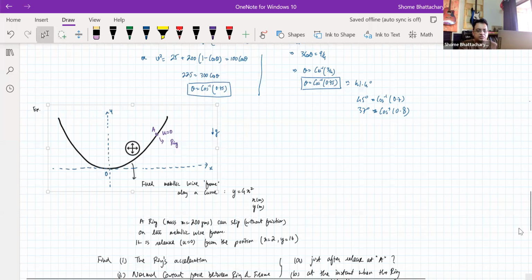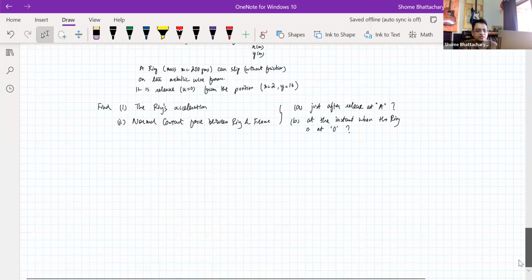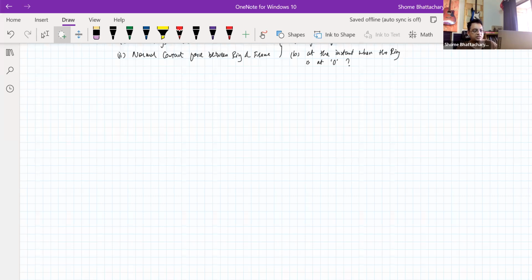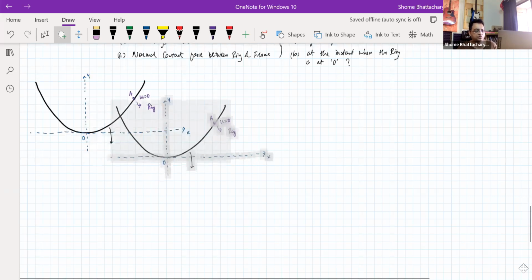It's basically just like a motion starting on an inclined surface, but we have to find the inclination, and that's where your calculus comes in. Rest, there is nothing else to that part. It's pretty simple.